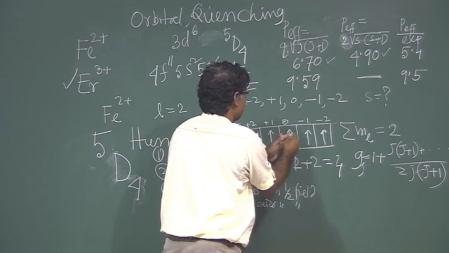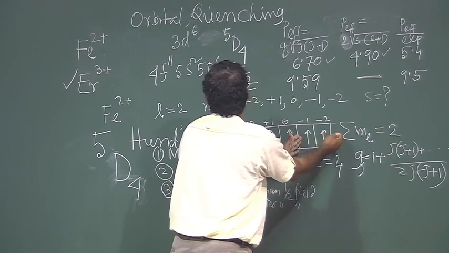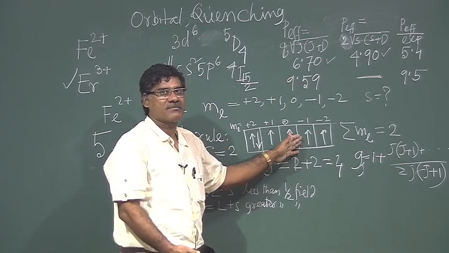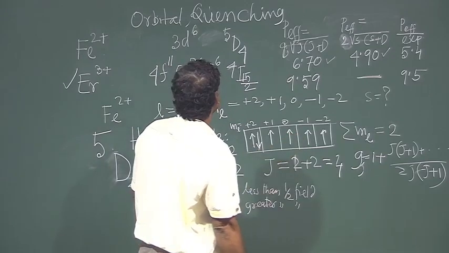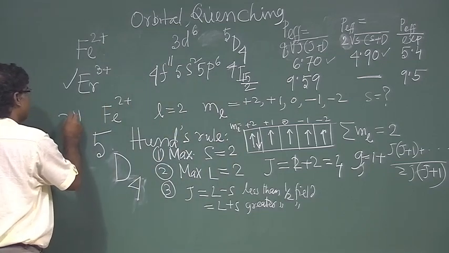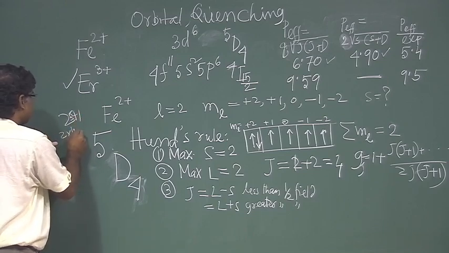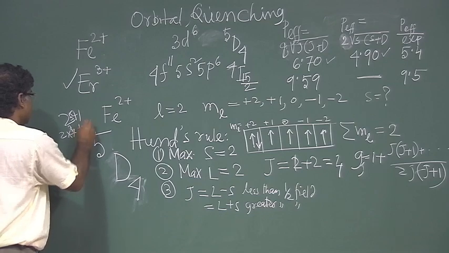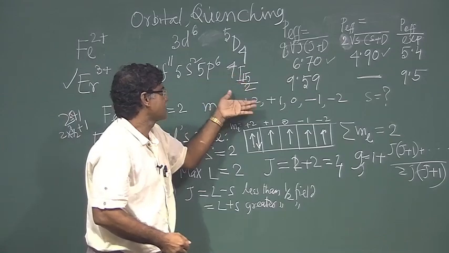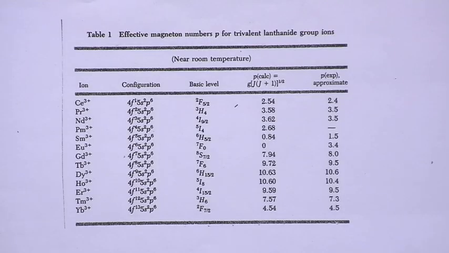Out of those, 3 unpaired electron spins will be there, half plus half plus half, 3 by 2. So S will be 3 by 2, and the multiplicity 2S plus 1 is 2 into 3 by 2 plus 1, which is 4. Exactly it is 4. Just calculate and check it.